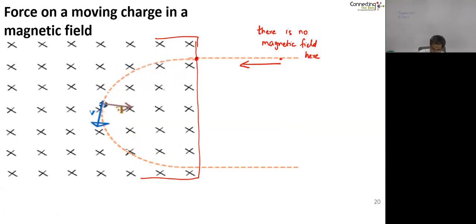But the minute it enters the magnetic field here, it begins to go in a circular path, which basically means that there is a centripetal force in that direction, right? And the centripetal force is caused because of the magnetic field created. So what we have here, these X's indicate that there is a permanent magnetic field which is directed into the surface of the screen or into the surface of the sheet of paper. So it's a three-dimensional situation that you have to imagine. And into that magnetic field, an electric charge is entering.